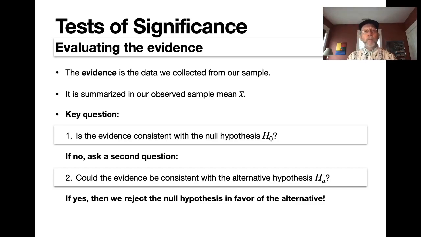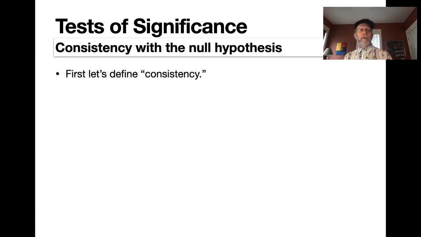But of course, we have to be a little more careful and specific about what we mean by terms like consistent with the data and so on. So let's take a look at that. We're going to define consistency in a way similar to what we did when we were talking about confidence intervals.